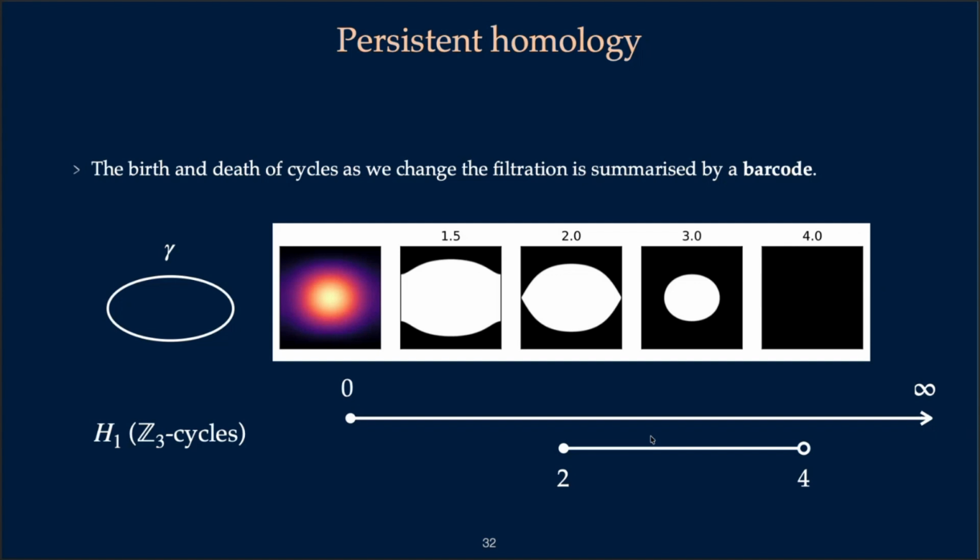I still have one cycle. And then at value 2, which is the minor axis, I hit a critical point, a saddle point. What that gives me is a new cycle. I increase it, and nothing changes. Value 3, nothing changes. And at value 4, I hit the maximum corresponding to the major axis, and then everything is included in the set.